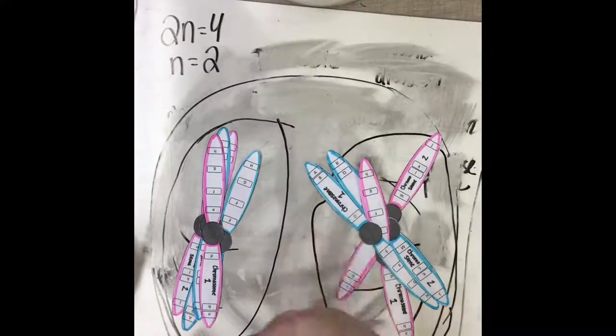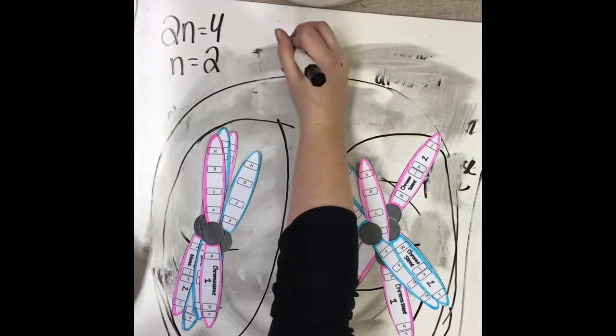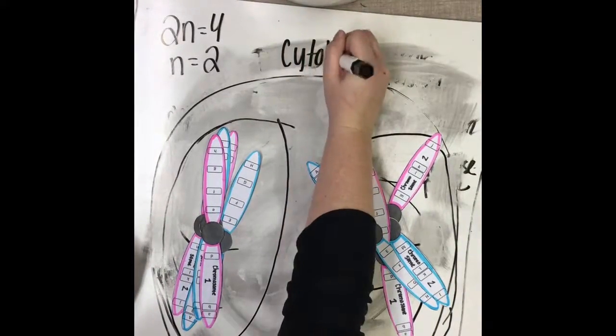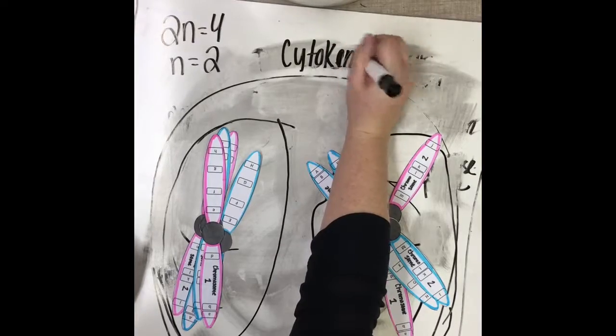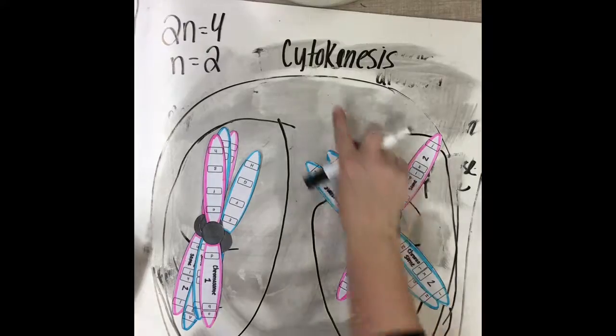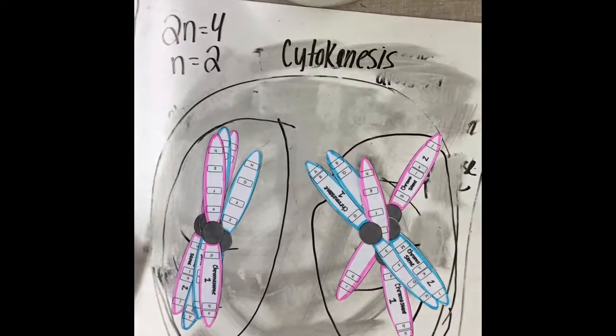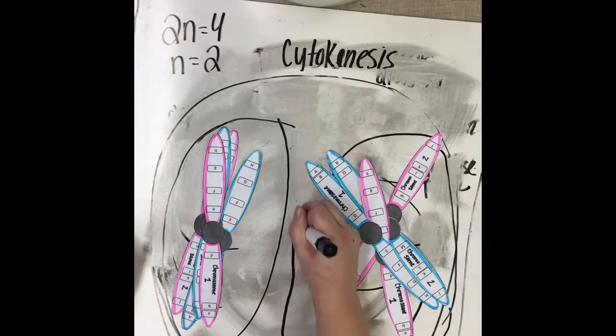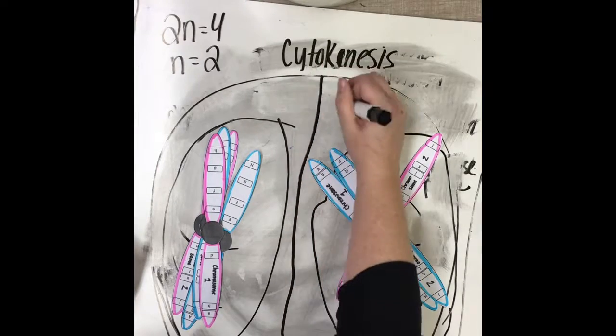We have to divide the rest of the cell, and that step is called cytokinesis. All that's going to happen is the cell membrane is going to start to pinch along the middle. In an animal cell, this is called a cleavage furrow.